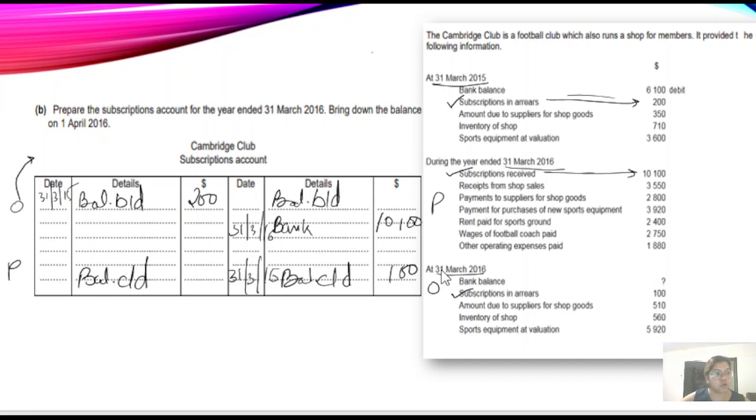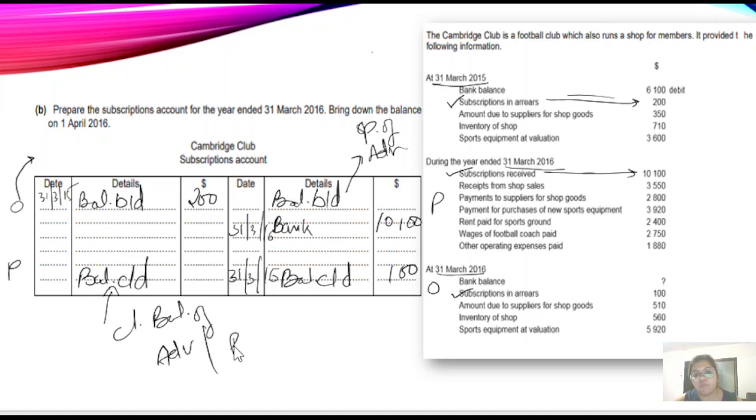Okay, now what you have to do, you don't have prepaid. If you're having the balance of prepaid, then you have to write the opening balance of advance or prepaid, and here closing balance of advance or prepaid. But in this question you don't have that, so leave this, no need to write this and this one.